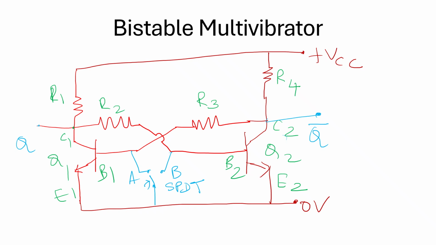Let us suppose that the switch is in left position, that is, it is closed at position 1. Then the base of the transistor Q1 will be grounded and in its cutoff region, producing an output at Q. So here an output of this will be generated at the collector terminal of Q. That would mean that the transistor Q2 is on as its base is connected to the VCC through the series combination of the resistors R1 and R2, which means the VCC.